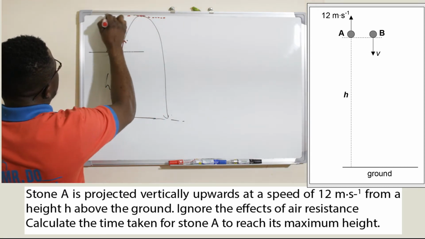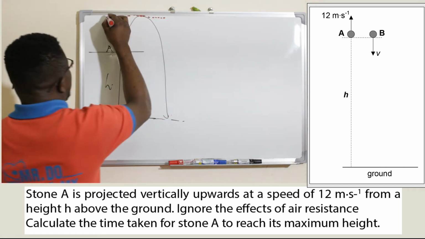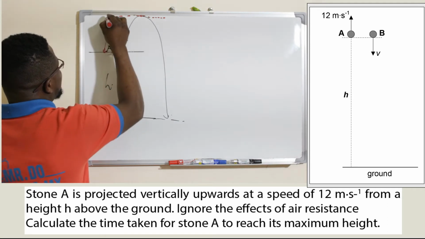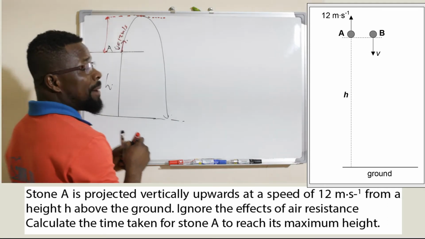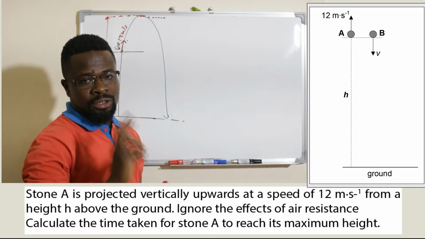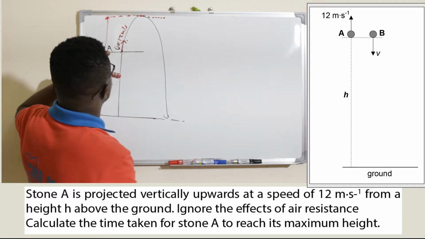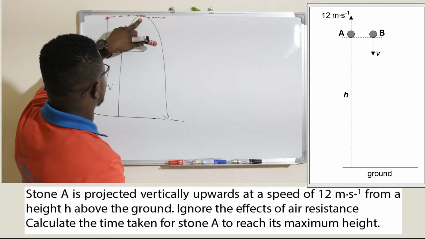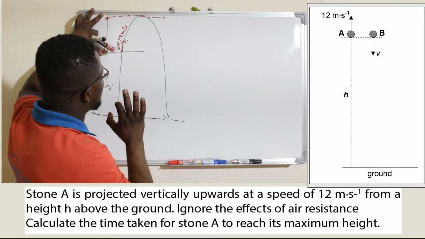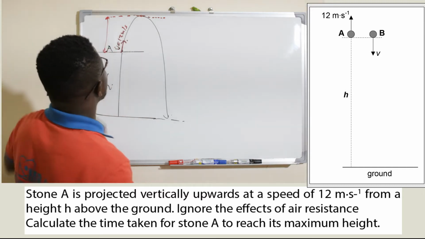From here to here is going to be the maximum height for the stone A, because it was projected from this point until it got to that point. So this is the maximum height for the stone A.